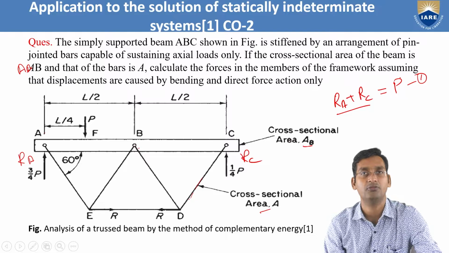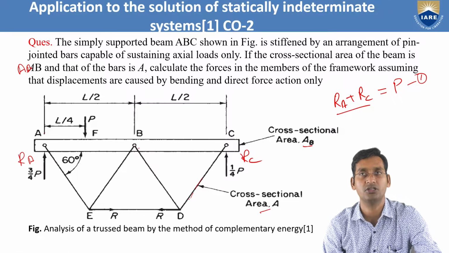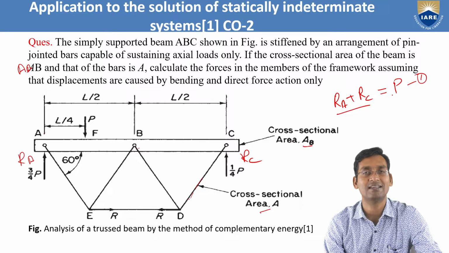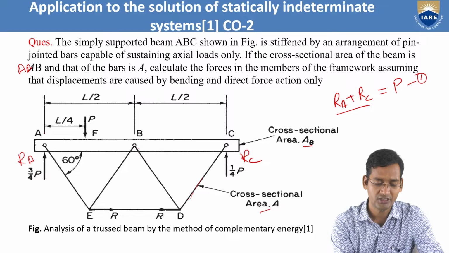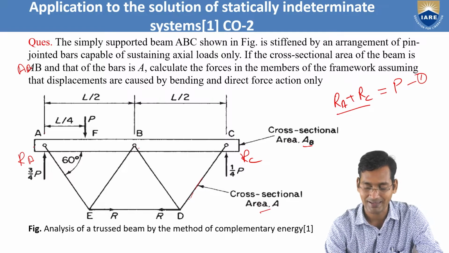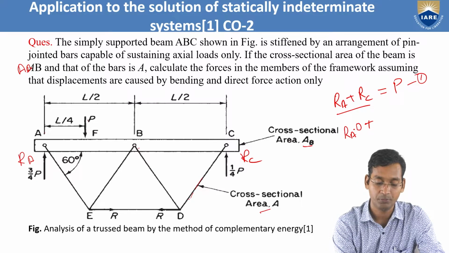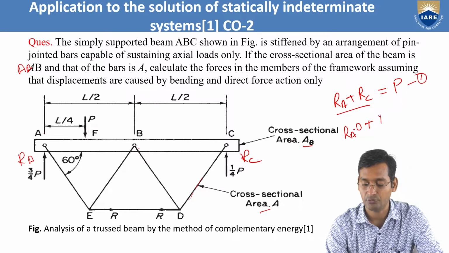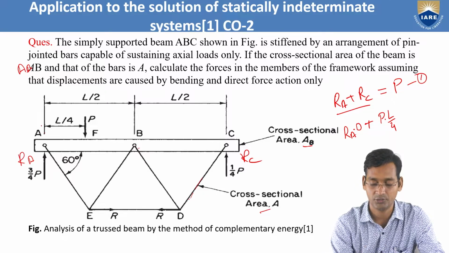Now, for finding the two unknowns, RA and RC, two equations are required. The first we got from the force balance. Second, we will use the moment equation. Take moments from any point; let's take RA as the reference. So RA into the distance from RA to RA, which is 0, plus P into L by 4, which is the distance from here to this point.